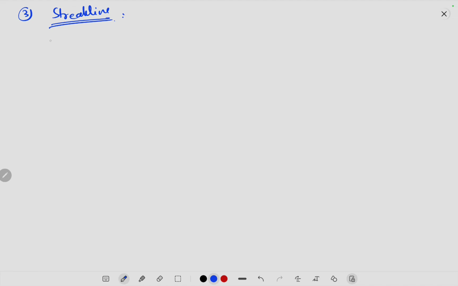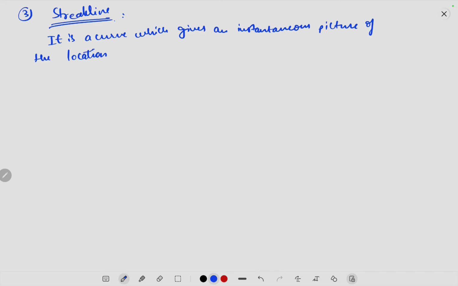A streak line is a curve which gives an instantaneous picture of the location of the fluid particles which have passed through a given point.